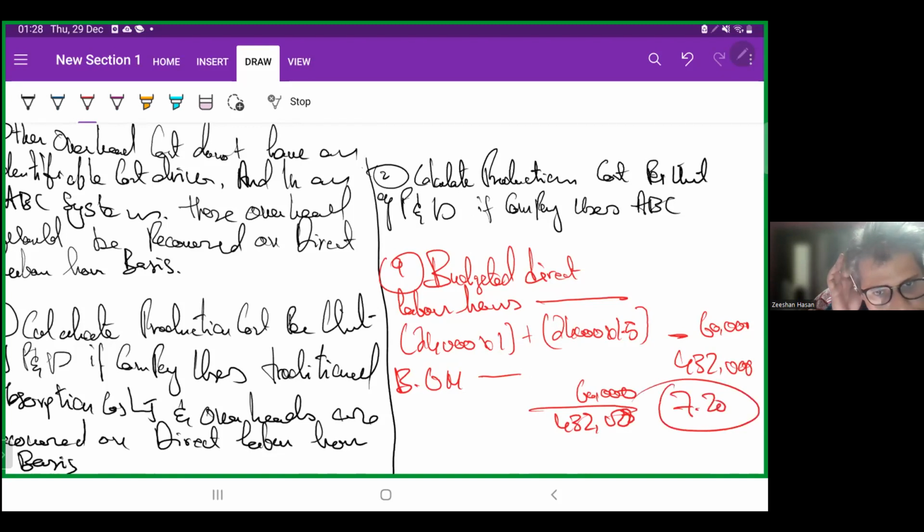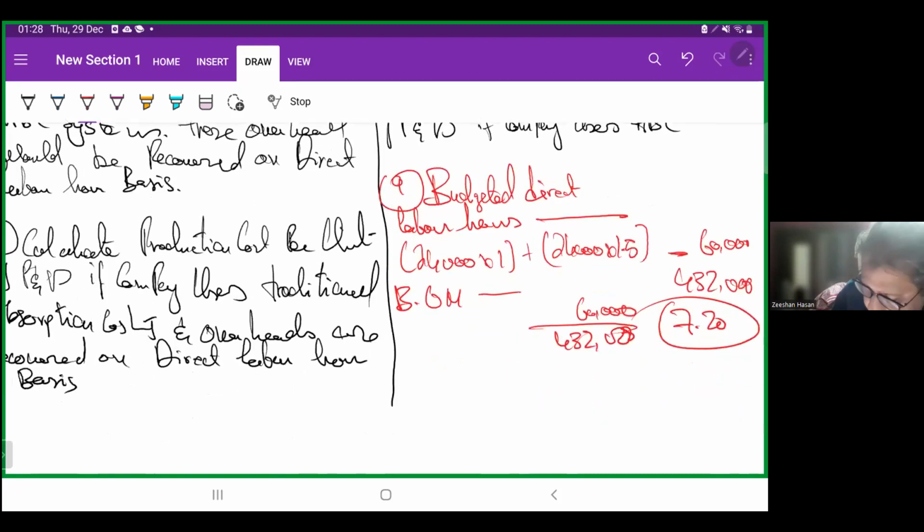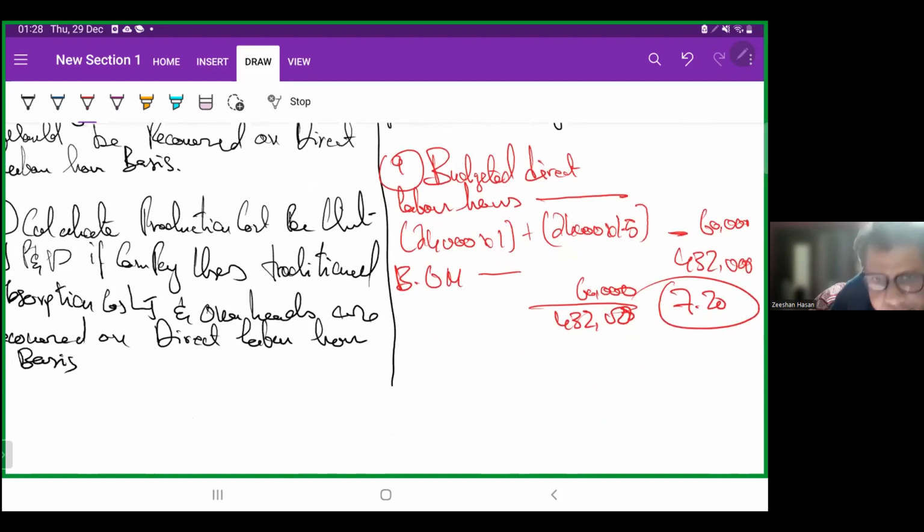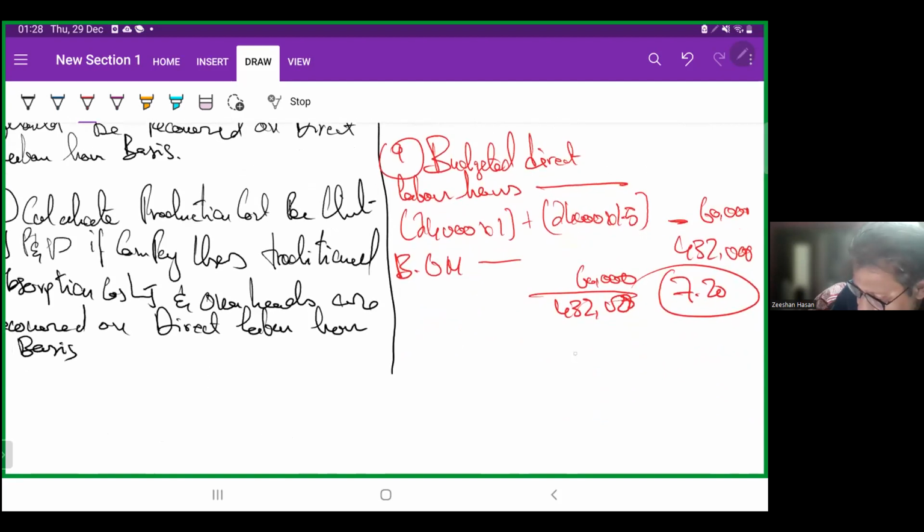So what are the direct costs for P and D, the two products? Direct costs given in the question: 12 and 24. Production overhead: 7.20.